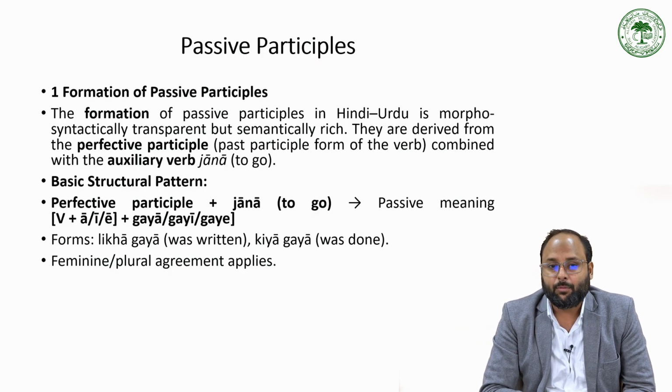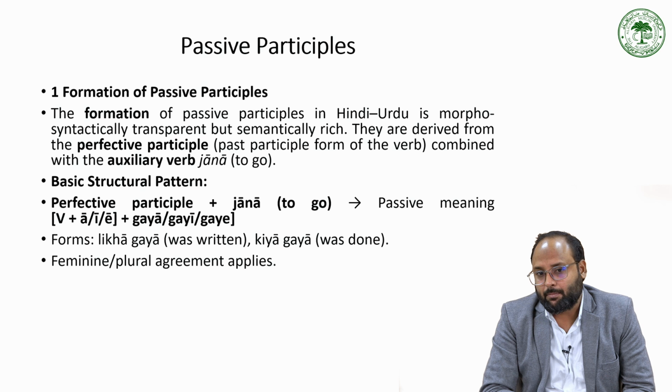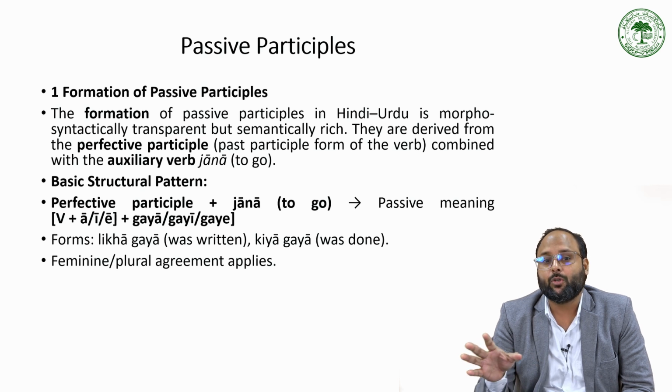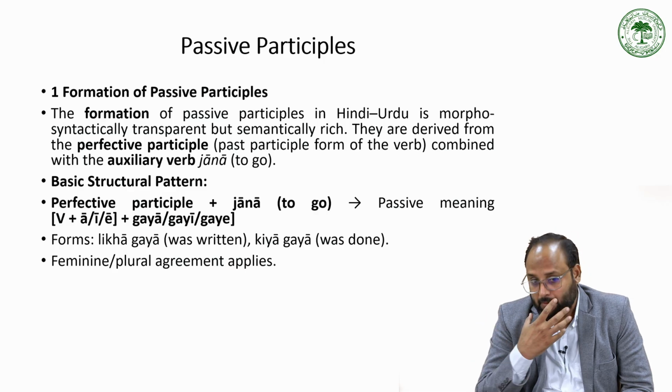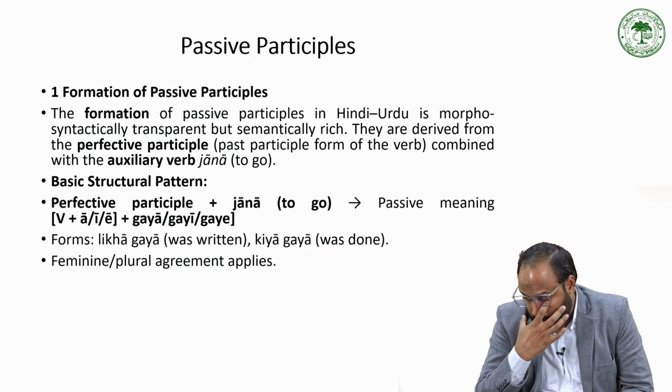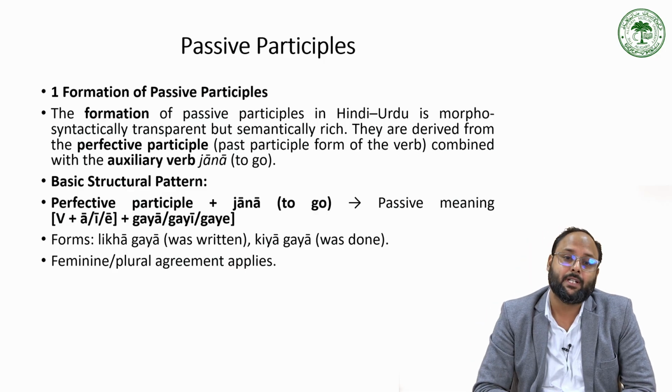They are derived from the perfective participle, the past participle form of the verb, combined with the auxiliary jana, used as gaya, gayi, gaye, like likha gaya, soya gaya, kiya gaya, khaya gaya, piya gaya, jaga gaya. This kind of example comes under the passive participle.